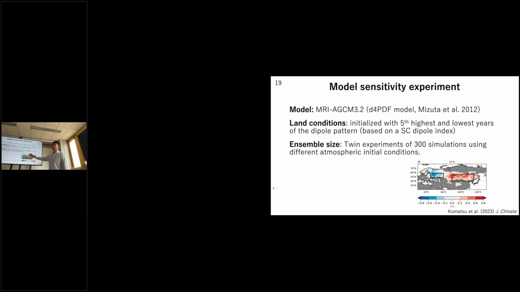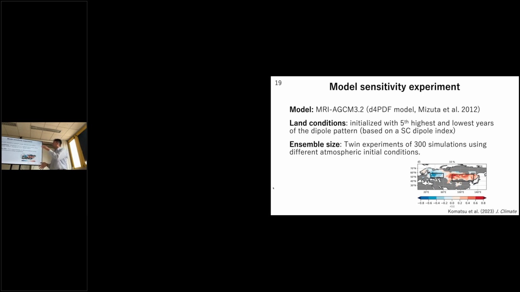We computed the index using the EOF, and took the five highest and lowest years, and applied these initial conditions with different atmospheric initializations.